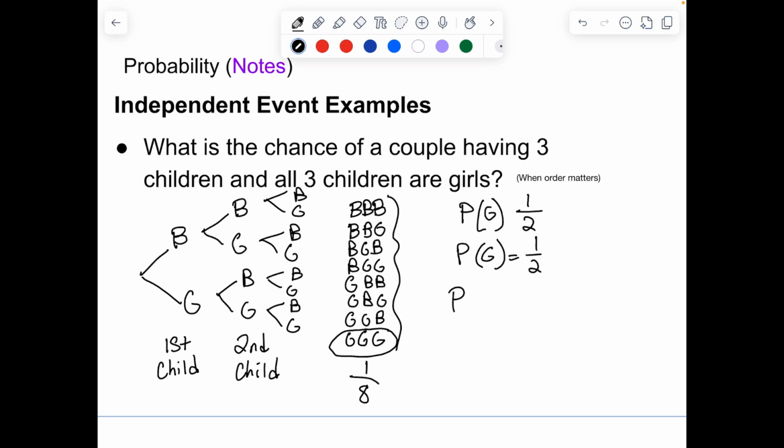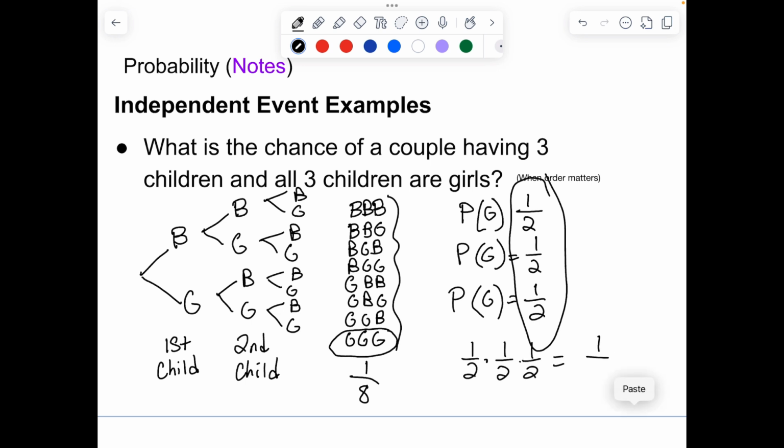And the probability of having a girl for the third child is 1 out of 2. So if I just calculate the 1/2s together 3 times, there is a 1 out of 8 chance, which is what we got when we made the tree.